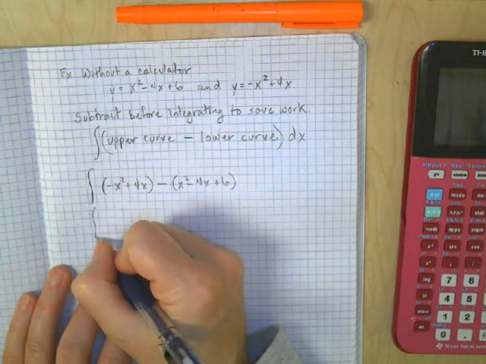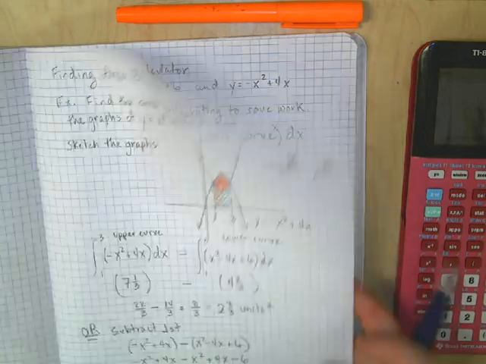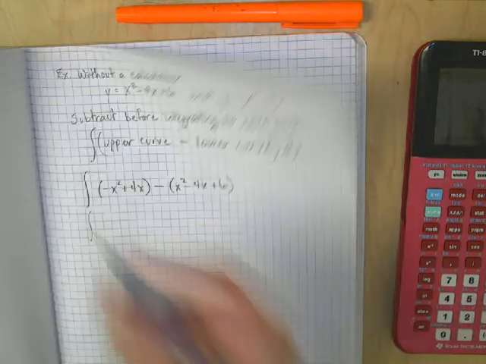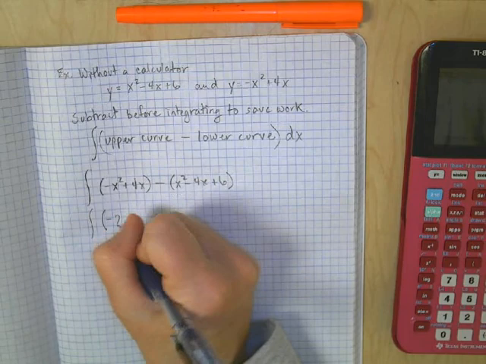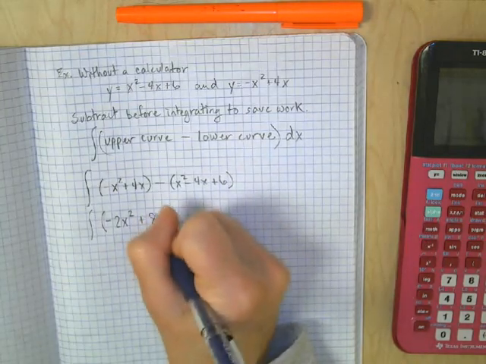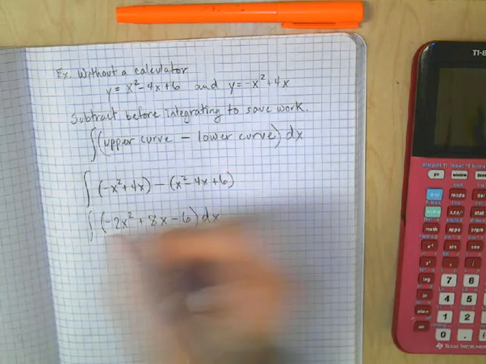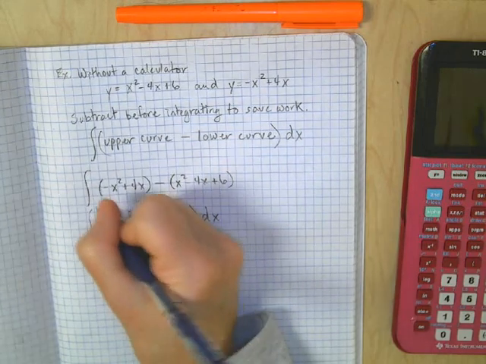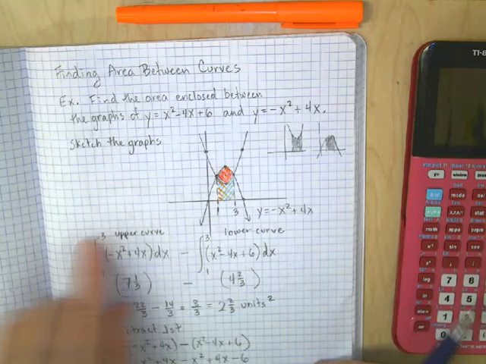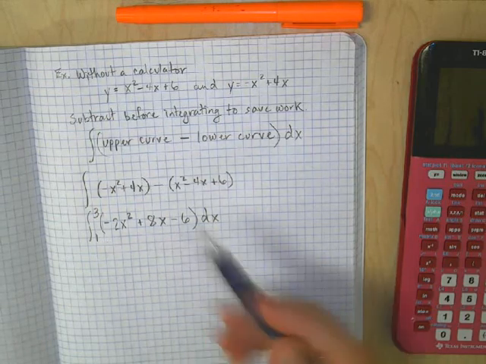We already did this on the other page, okay? So if I can just copy that over from the other page, I know that leaves me with negative 2x squared plus 8x minus 6. And I'm going to integrate that from 1 to 3 because we would have found their intersections. Oh, I forgot. How do we find their intersections if we don't have our graphing calculator?